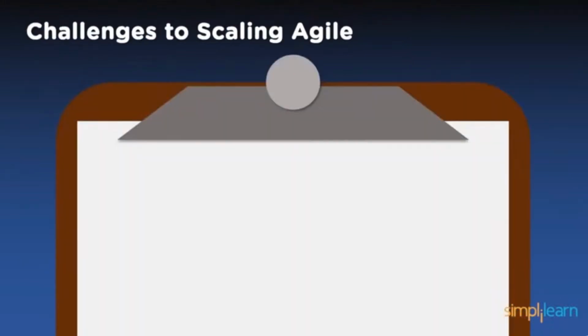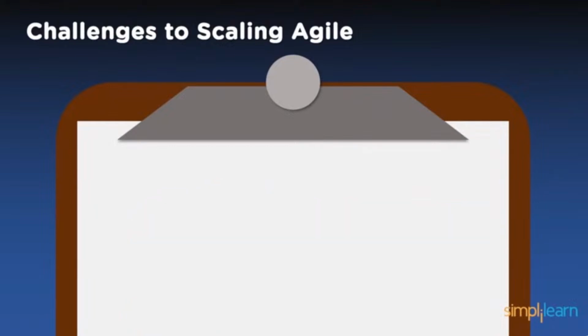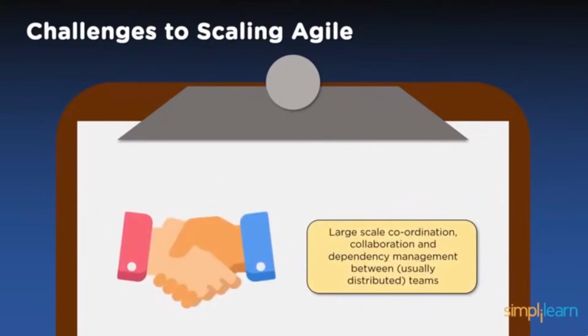The challenges which the practitioners actually faced were, one, lack of experience with Agile methodologies, and little understanding of frameworks, methods, and how to implement them. Next, large scale coordination. For a specific small project, it was easy to implement Agile and go forward with all the frameworks I mentioned earlier.